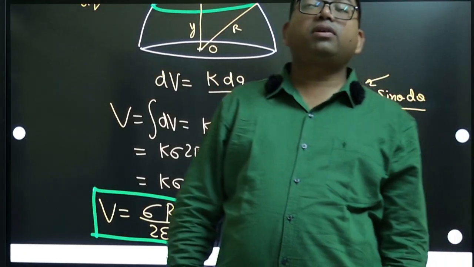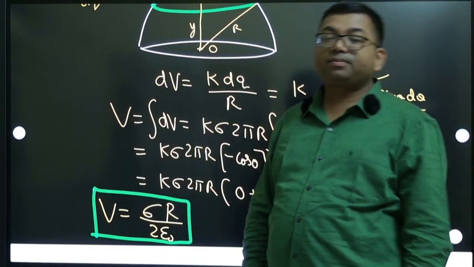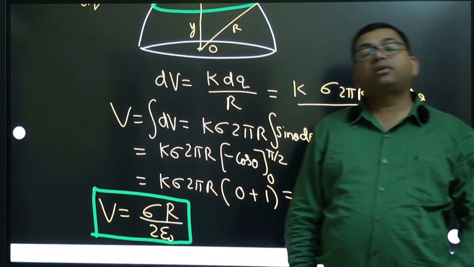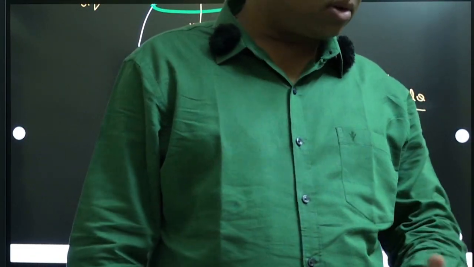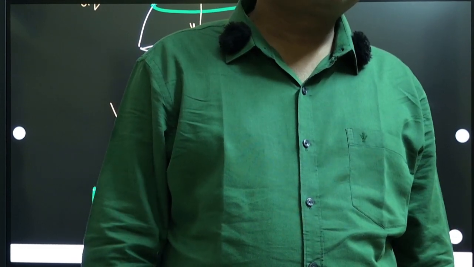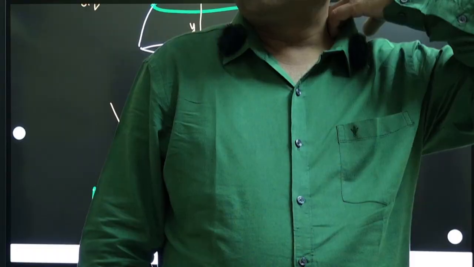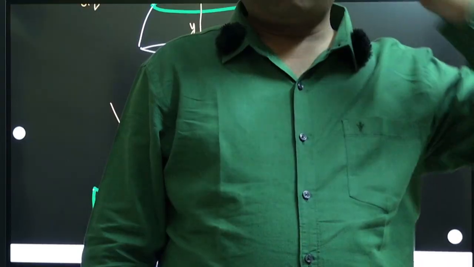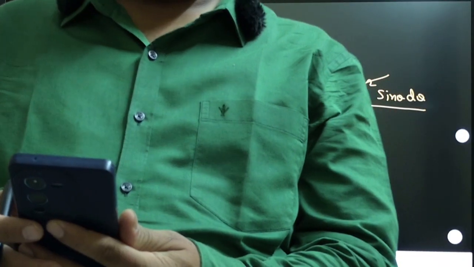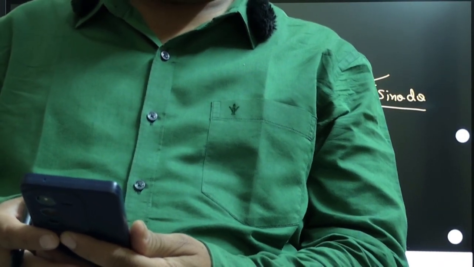From Gauss law we know the field inside is 0 and other things, right? Have we covered Gauss law or not? Did we cover the derivations?